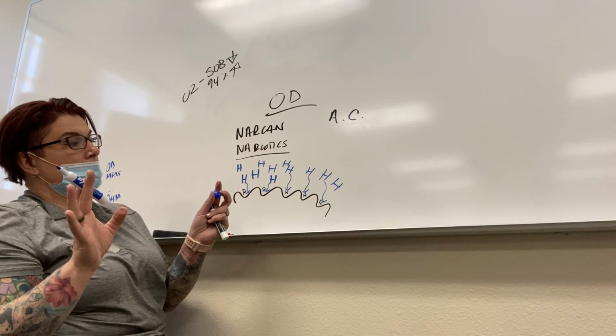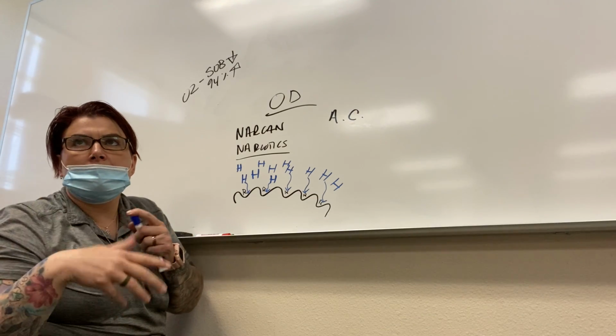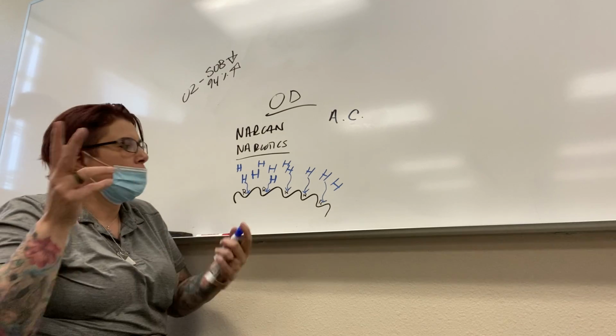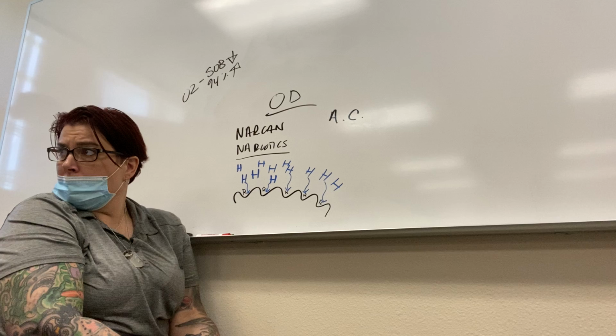Let's say typically they don't take as much heroin, or they take it from another dealer that's cut with something else, so not all of these receptors are usually involved, but today you're there and they are.